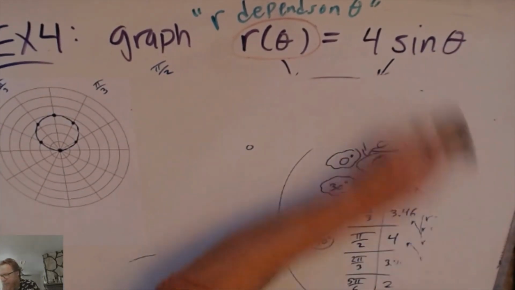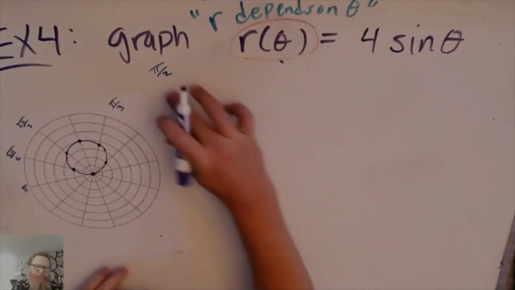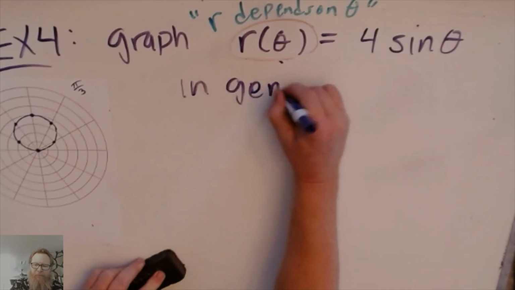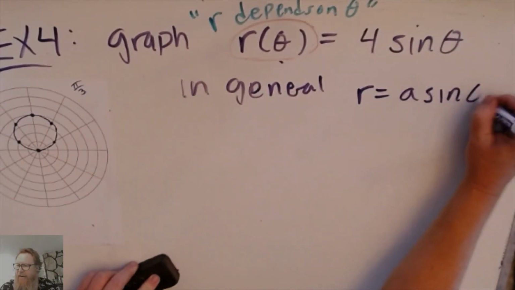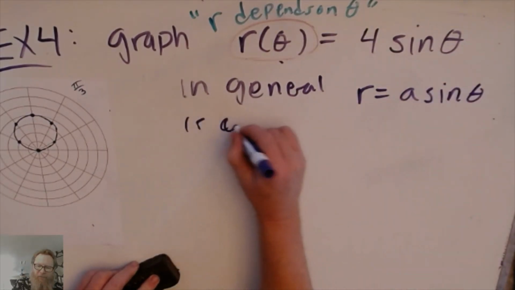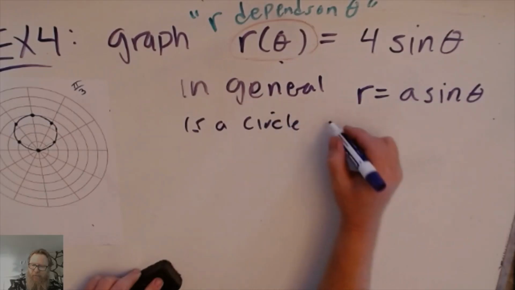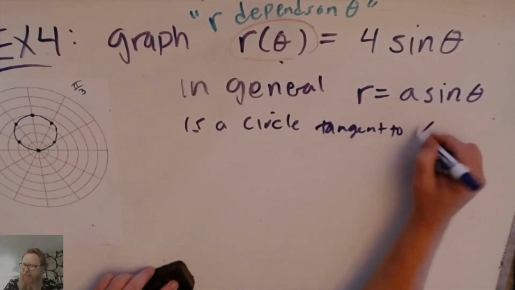In general, what's a general principle? R equals A sine theta is a circle that is tangent to the x-axis.